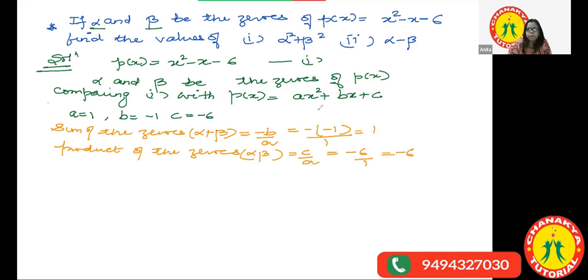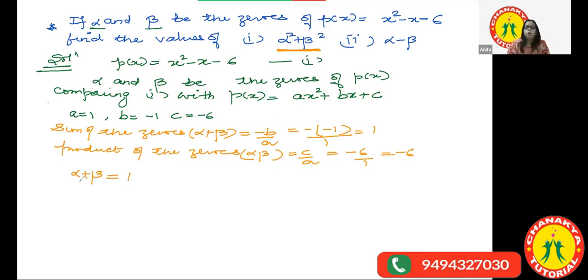Now in the next step, what do you have to do? In the first part, you have to find alpha square plus beta square. Now we have alpha plus beta is equal to 1.